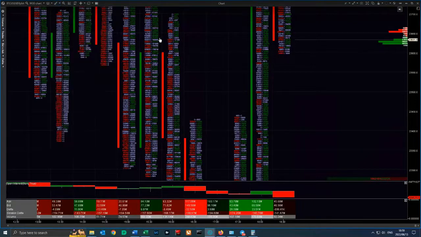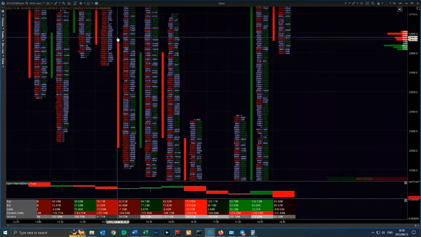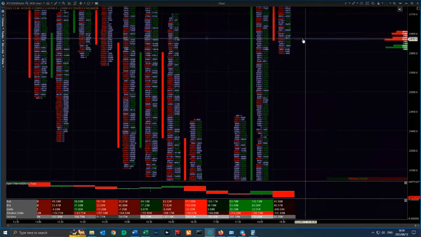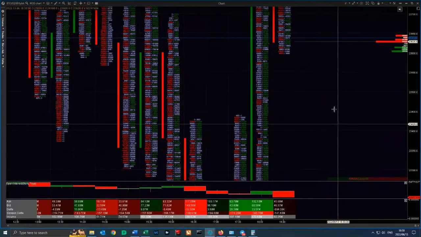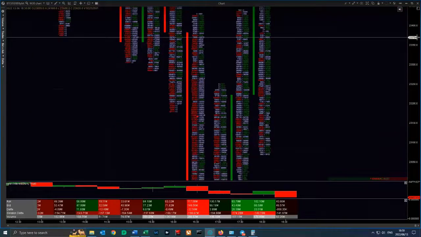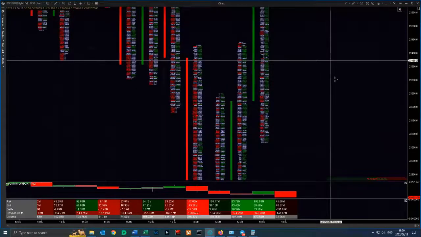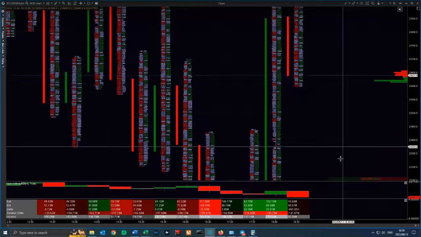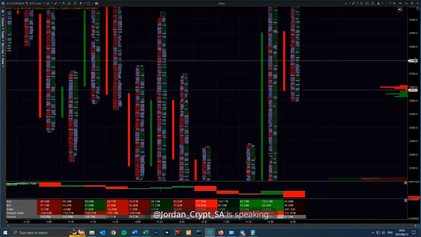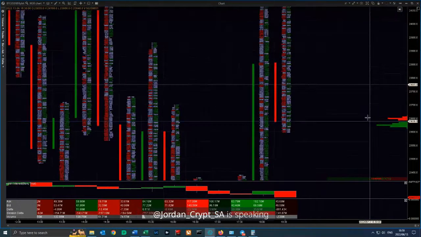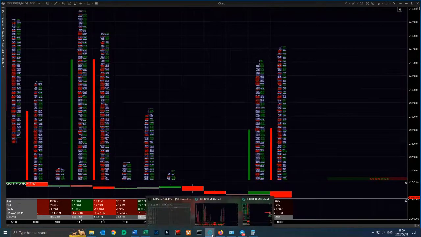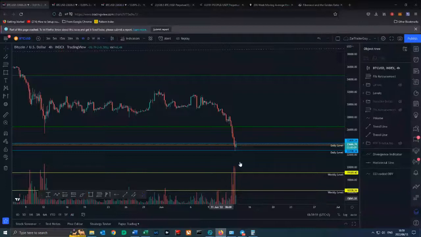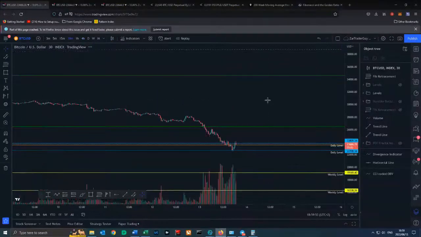Where the price is at right now, all of these short trades are underwater. So what does that make you think? Where are their stops? If they get liquidated, they want more. Where are their stops? TPO will come into that, but let's open up a 30-minute chart on the BTC USD chart.